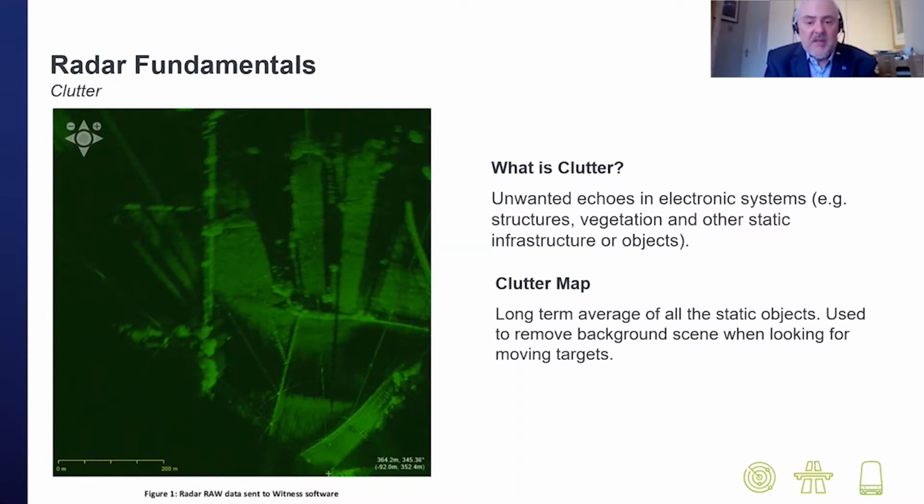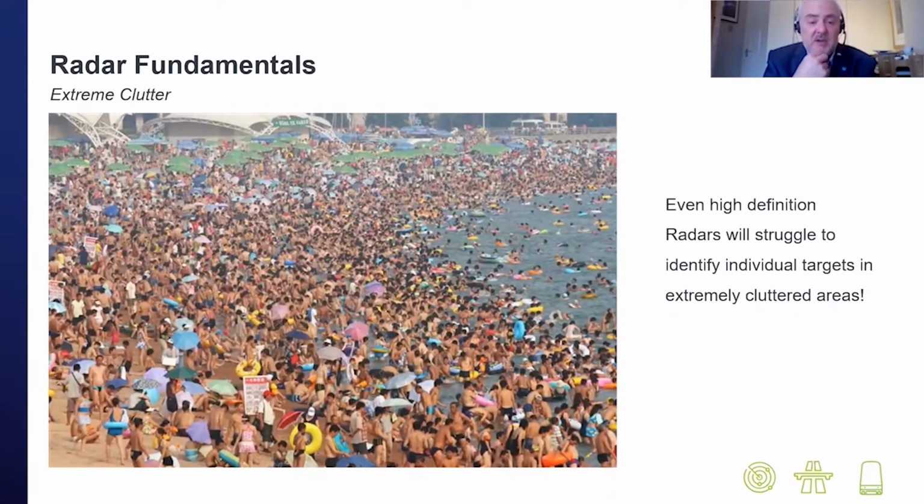The software then removes that background scene from what the radar is seeing at that particular time, so that moving targets and new targets can be picked out very accurately. With very high resolution, we can process that information much quicker. Even high definition radars can't work miracles, so in an extremely cluttered environment like this, any radar will struggle to identify individual targets.